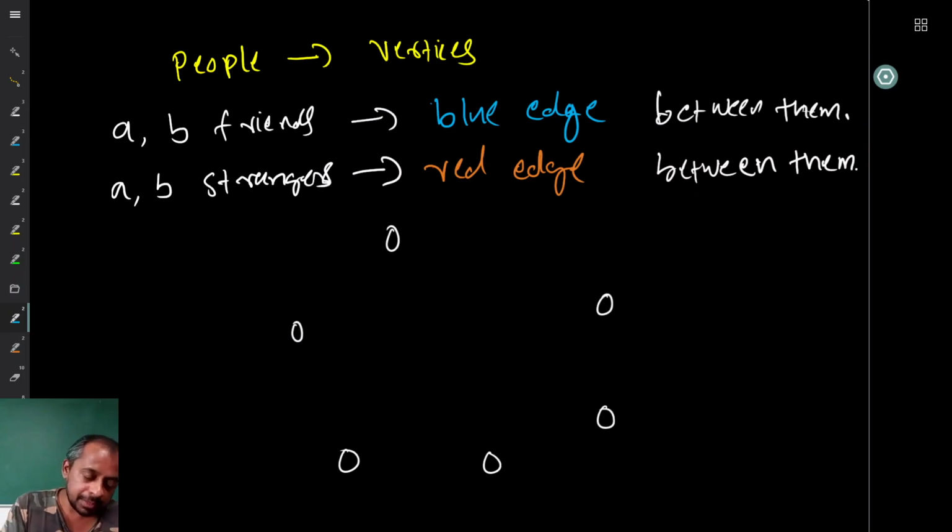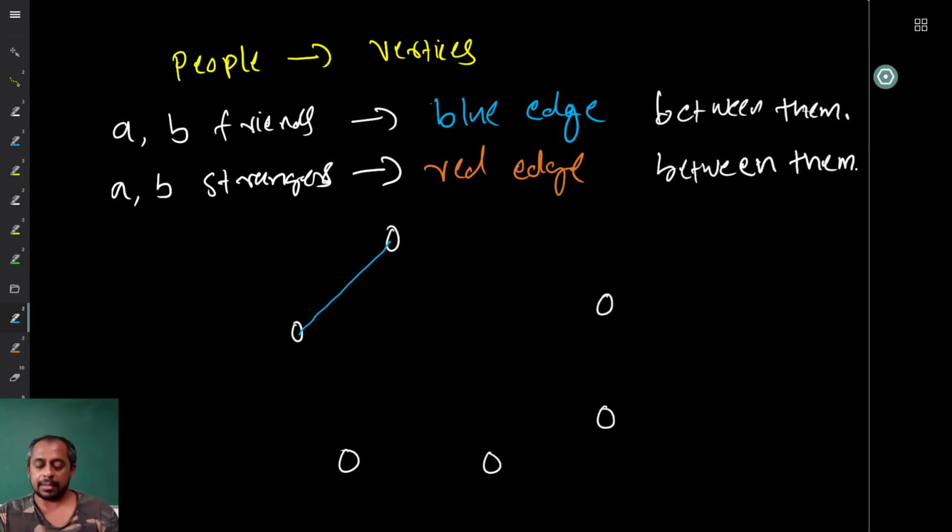Now suppose I pick up a particular person, this guy. I can talk about him being friends with the other people, right? For example, let's say these two guys. Either they are friends or they are not friends. So we assume that one of them is the case.